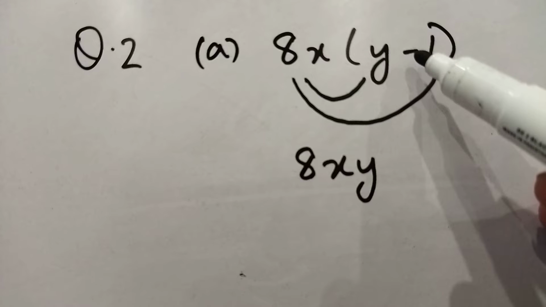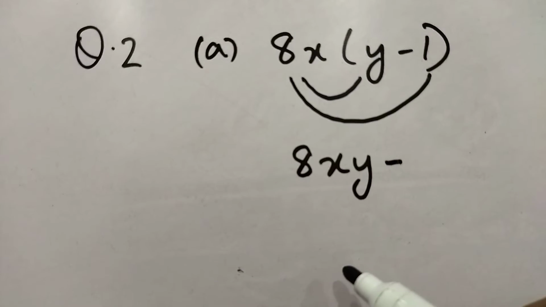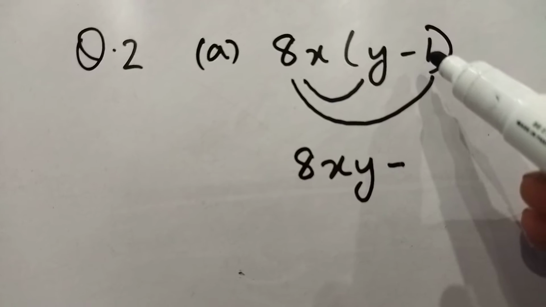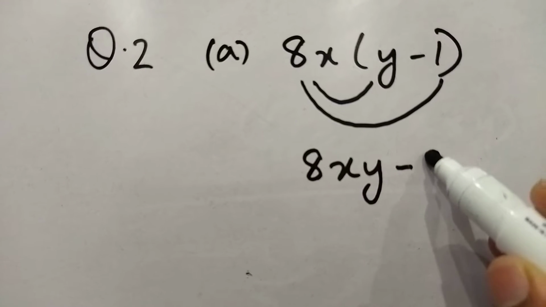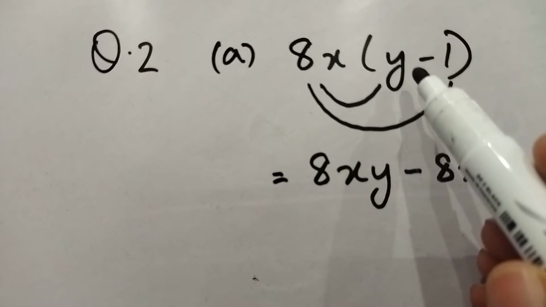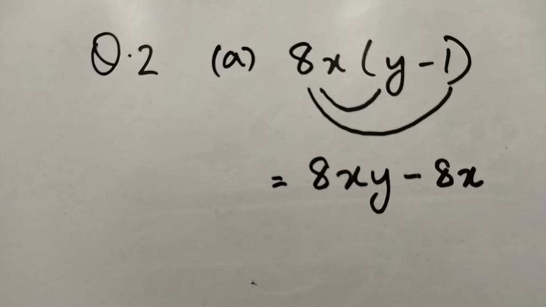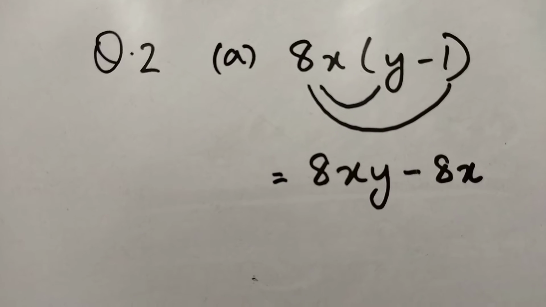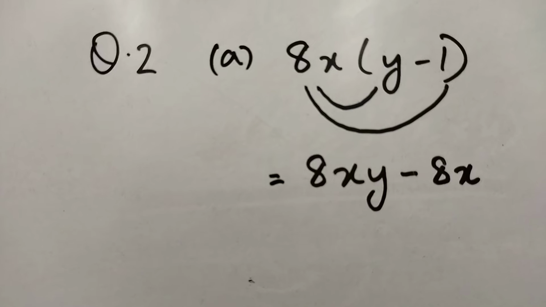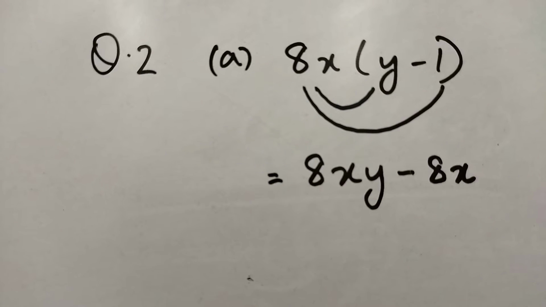Then we have a minus sign. So minus plus minus, we'll write here minus. And then when we multiply this 1 with 8x, we'll get only 8x as it is. So this is the expanded form of such expressions. Is it clear, students? I hope you have understood it clearly. Let's solve other questions of this question number 2.